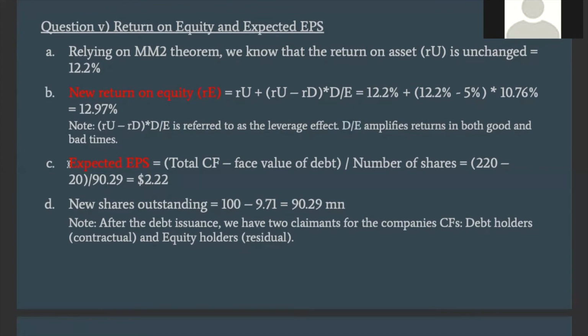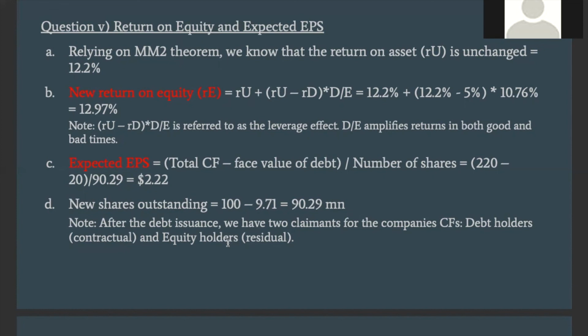The other part of this particular question was the expected EPS. Now, what we need to keep in mind is that before, when we calculated the EPS, we had just one stakeholder in the company, which is the equity holders, and therefore all the cash flows belong to the equity holders. But now we have two stakeholders. We have equity holders, but we also have debt holders. And because debt holders have a contractual claim, they are always the first to be paid before the equity holders.